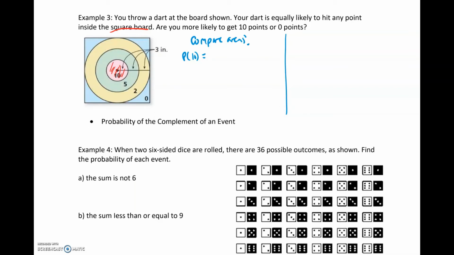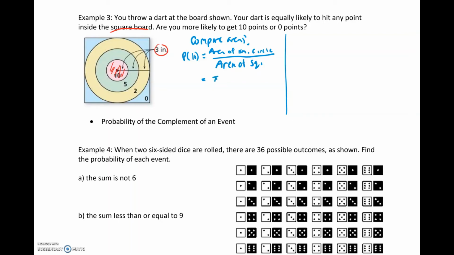The probability of getting 10 is going to be the area of the smallest circle over, and we're going to land anywhere inside the square board, which is the area of the square. Remember, area of a circle is pi times radius squared. The radius of that inner circle is 3, based on what we see here.